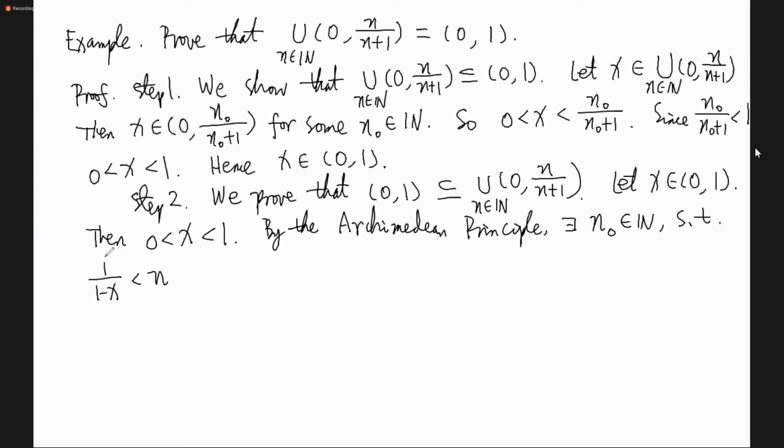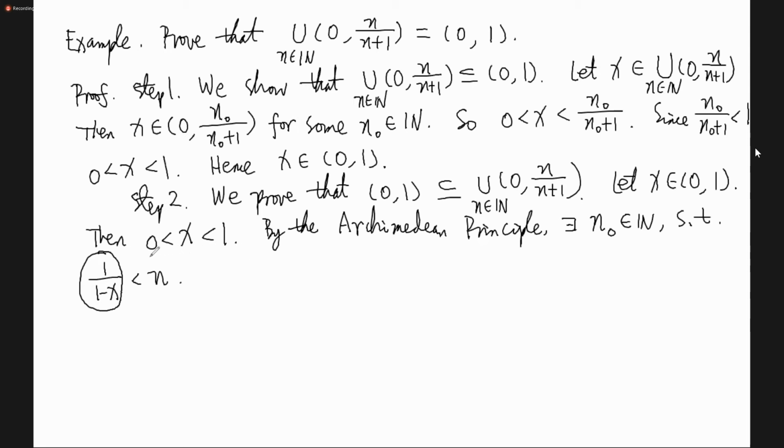Okay, you can see this quantity here. I'll explain why I choose this quantity later. And now let's try to finish the proof first, then I'm going to come back to explain why I choose this quantity.